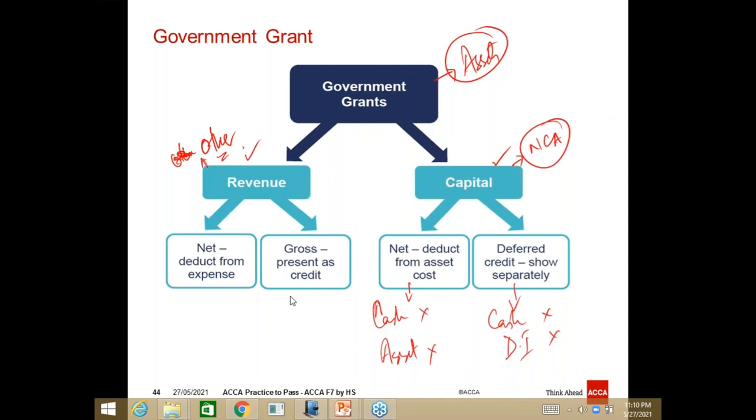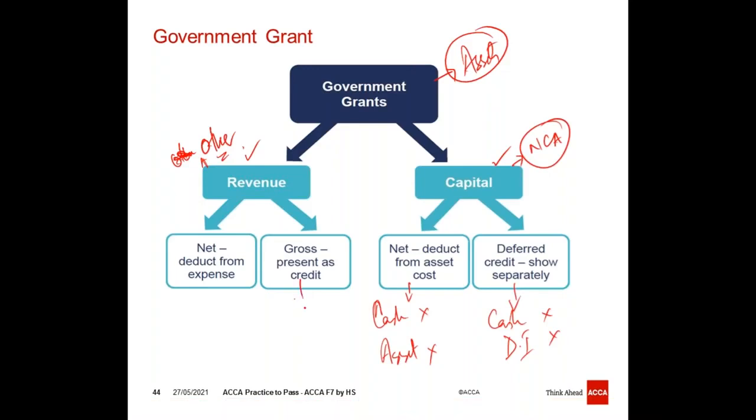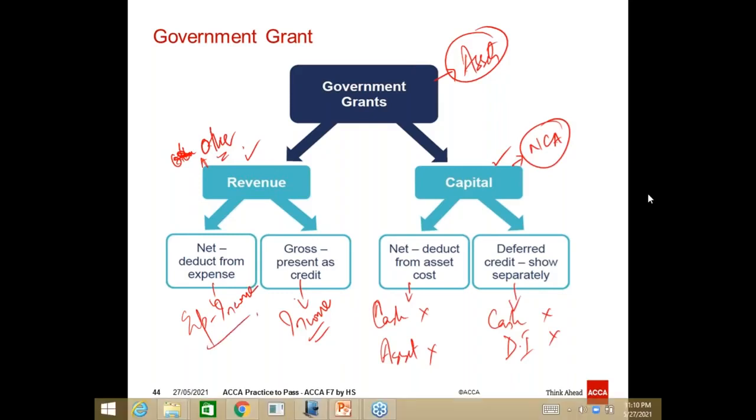Now, grant related to revenue can be recognized separately as an income, or it could be adjusted with the related expense. These are the two presentations for grant related to the revenue.